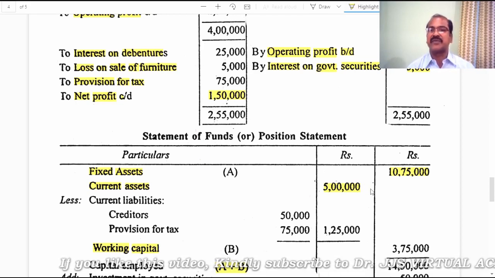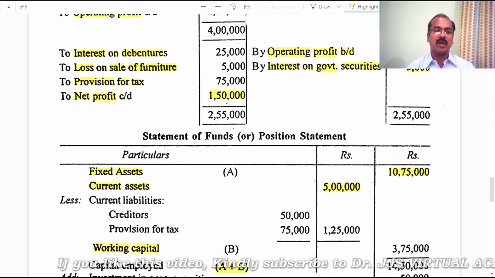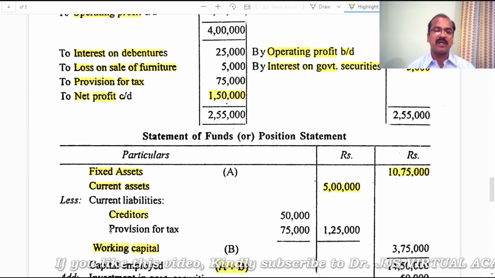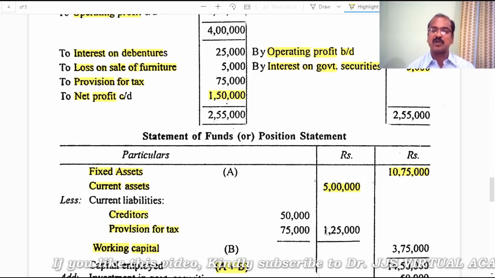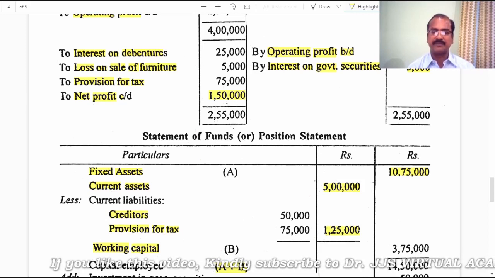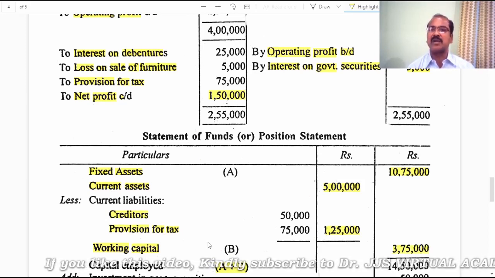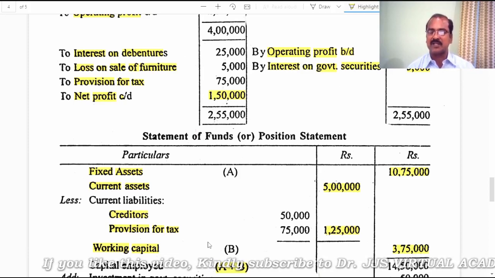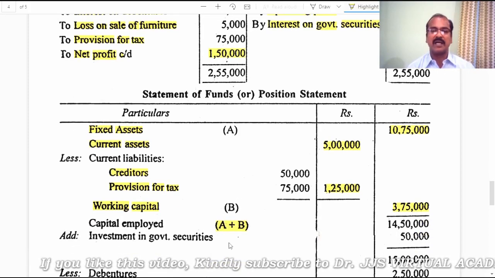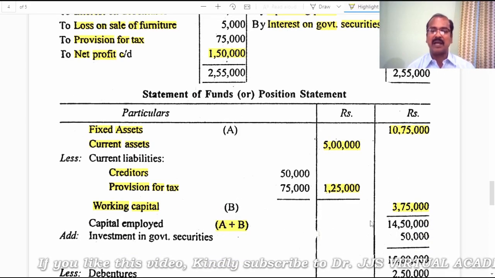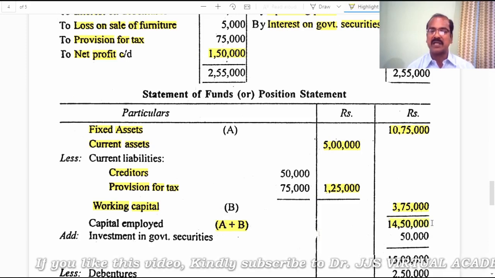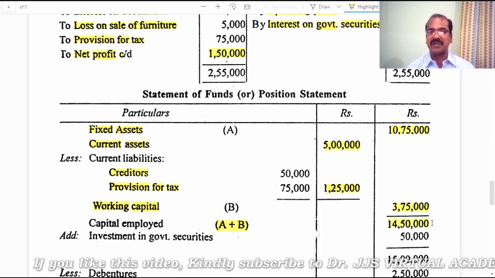What are all the items of current liabilities given in the problem? One is creditors, the other one is provision for tax. It comes to a total of 1,25,000. Now working capital amounts to 3,75,000. Working capital is what? Excess of current assets over current liabilities. Put together, now you get the capital employed in the main business, amounting to 14,50,000.